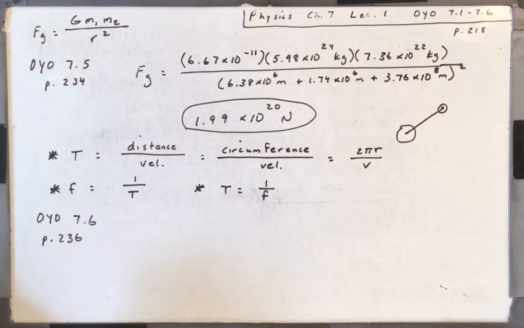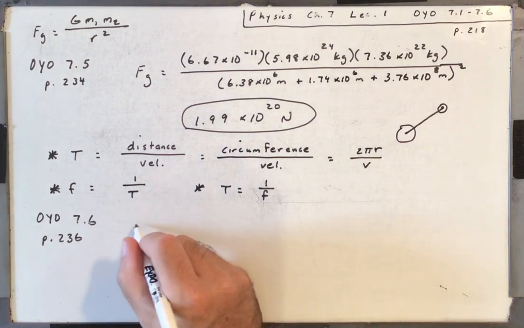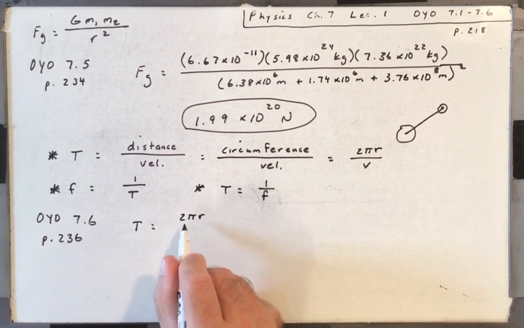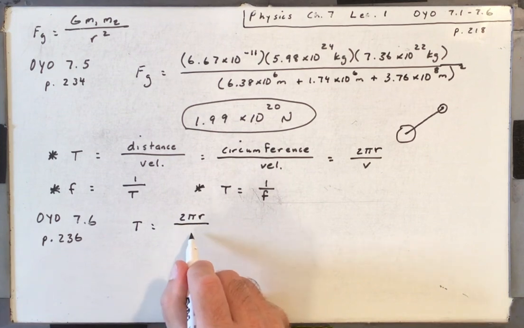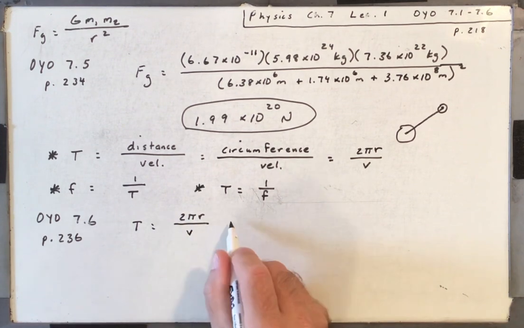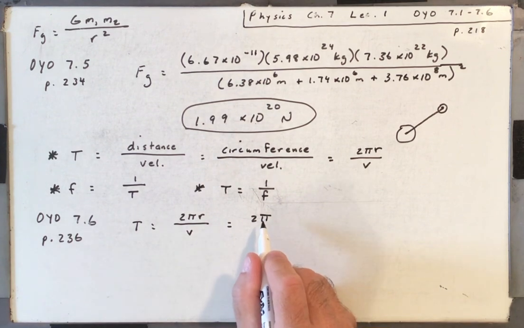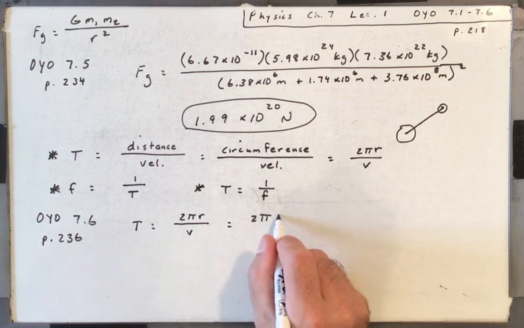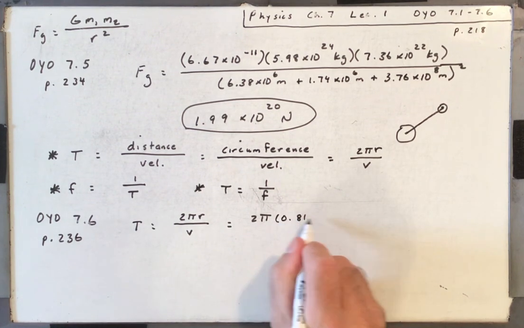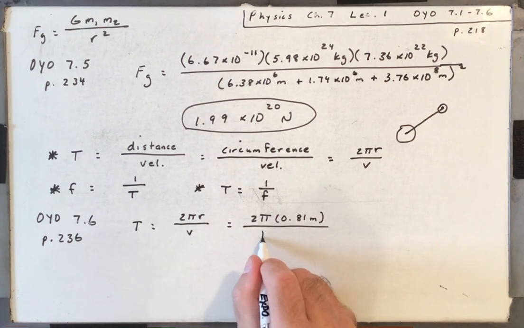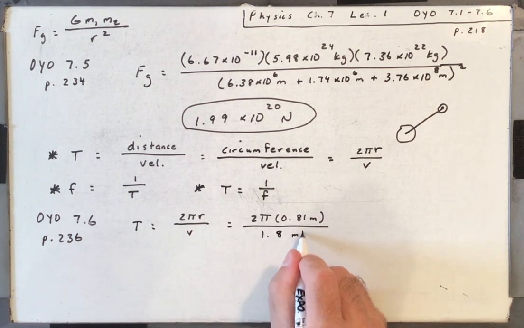Okay, so we know that period is equal to 2 pi r, the circumference or the distance the train travels, over the velocity. So that's 2 times pi, and the radius is 0.81. Velocity of the train is 1.8 meters per second.